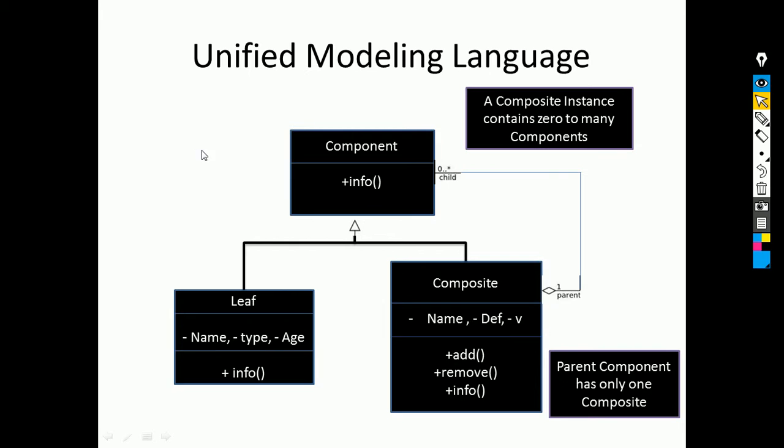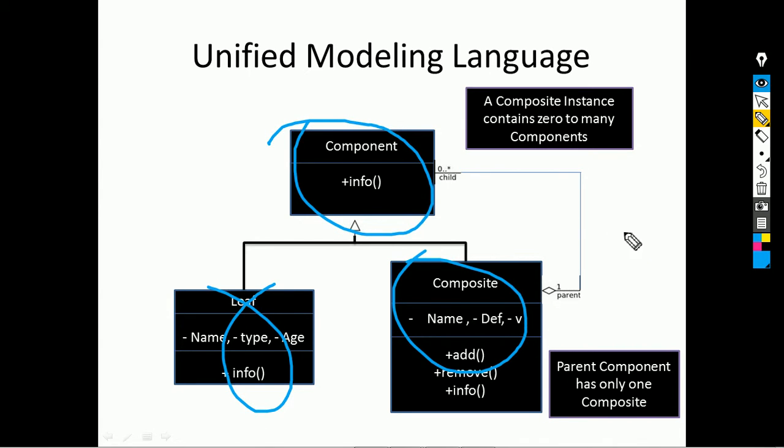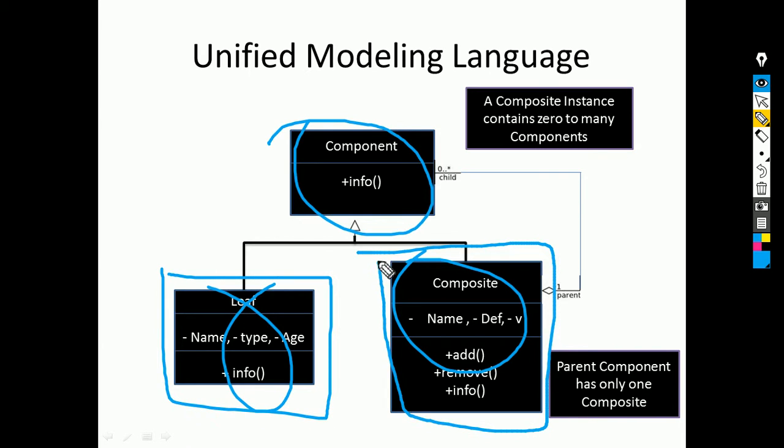This is the unified modeling language diagram of the composite design pattern. You have three parts here: the component, the leaf, and the composite. The component here is an abstract class, meaning it will have a pure virtual function. The leaf here is like the child element and the composite here is the group.